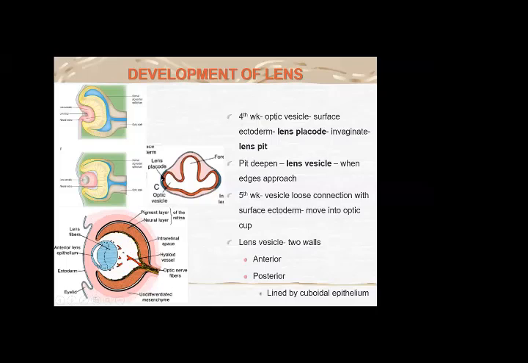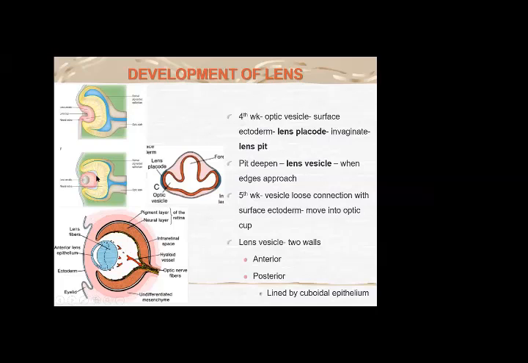This thickened surface ectoderm then invaginates. Deep to it, ये optic vesicle पड़ा हुआ था, और हमने already कर लिया है कि this optic vesicle invaginates. ये optic vesicle है. This has invaginated to form the optic cup.